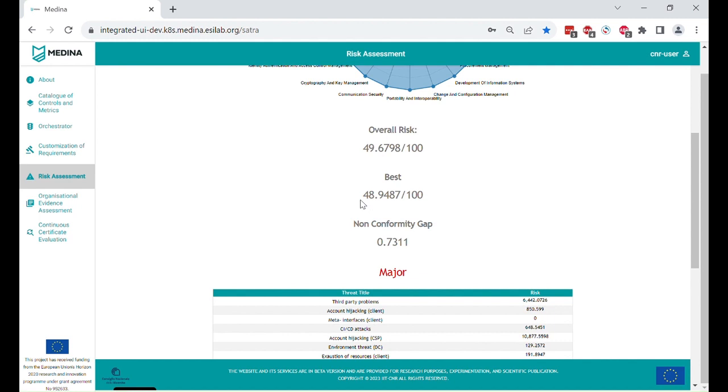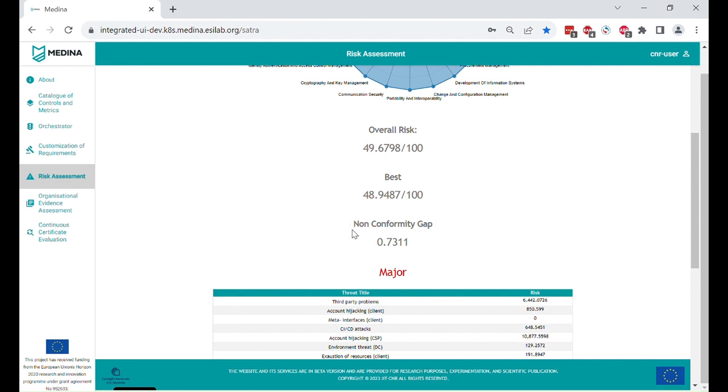So risk will still be there even if you implement everything. Yet you can see that this risk is lower than the one that is expected if the current configuration of security is maintained.